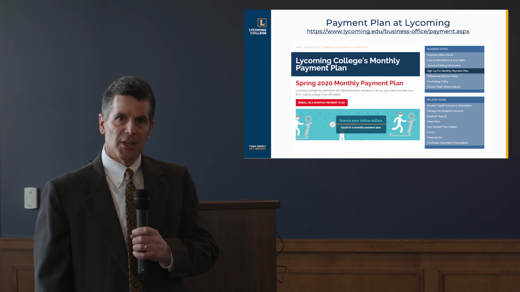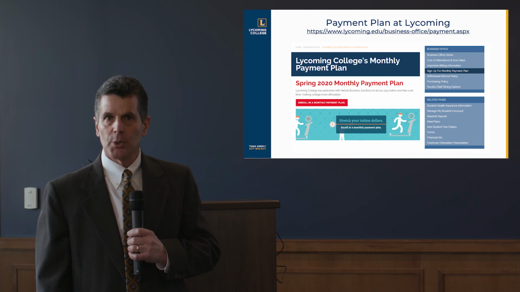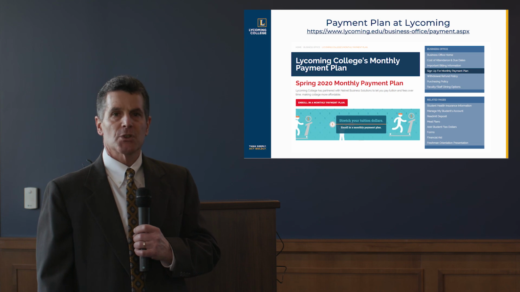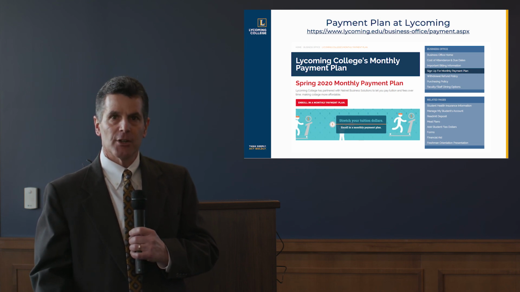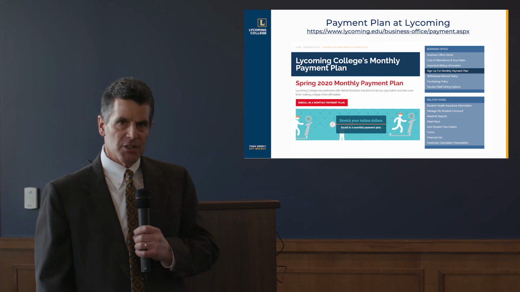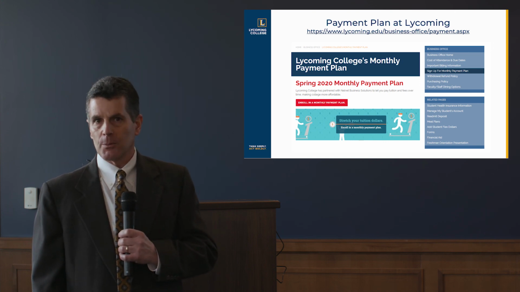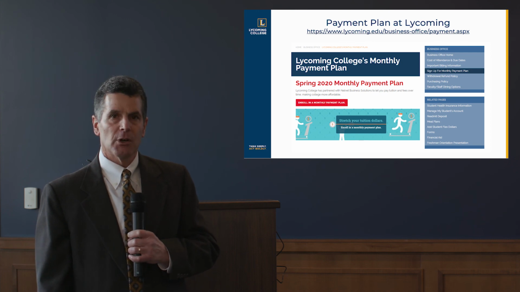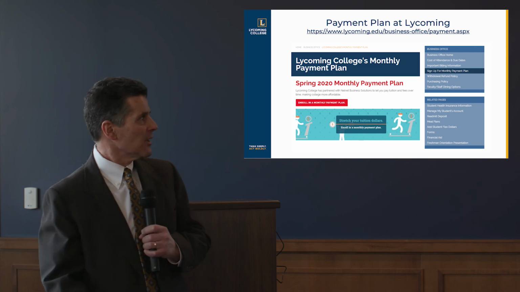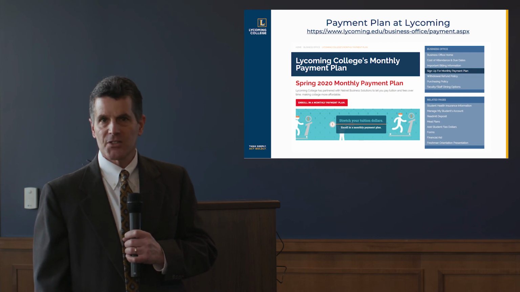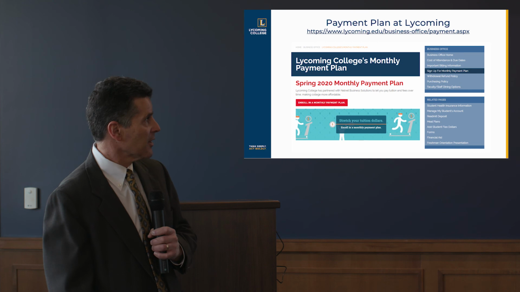There is a $25 charge to enroll in the payment plan per semester. So it's $50 for an entire year or $25 per semester. There is no interest charged whatsoever. So there is that enrollment fee and that would be it. So again, if you have questions, contact the business office and they can help you with the payment plan.